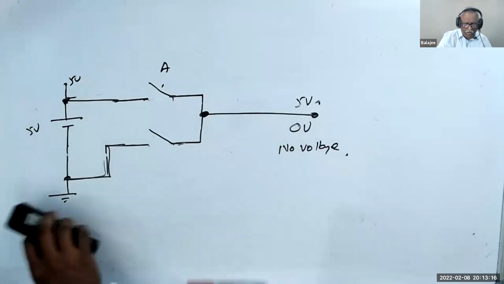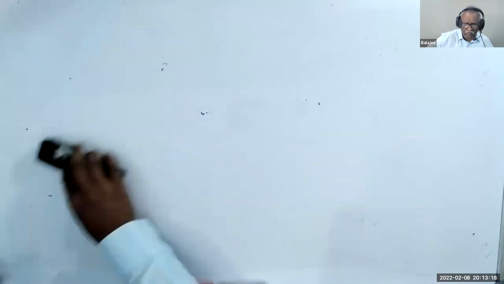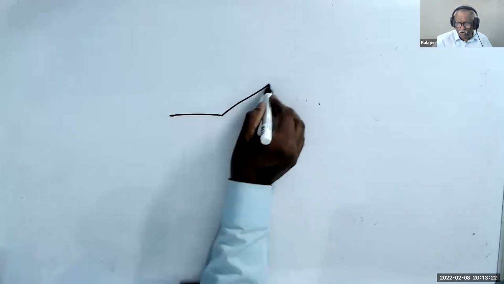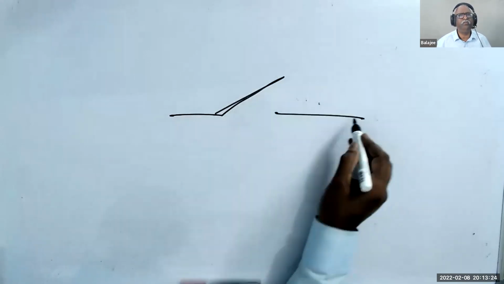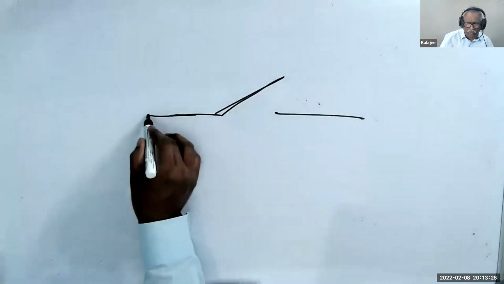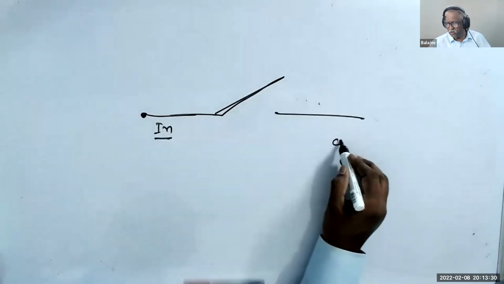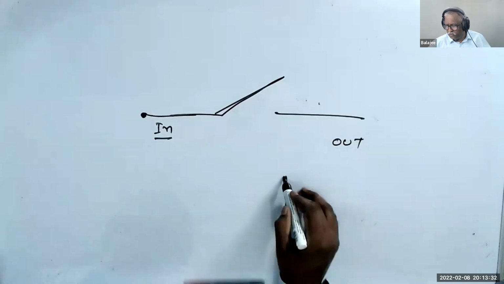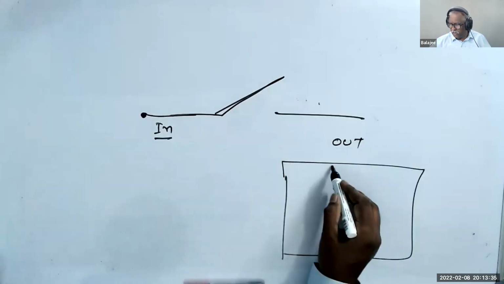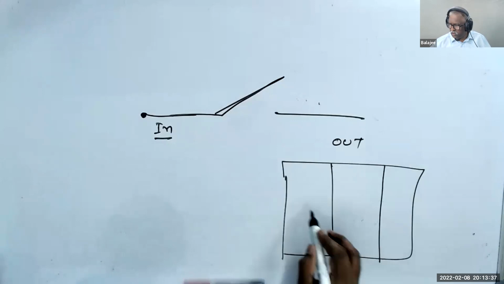Now I will draw it one more way. Everything is only a switch. Don't get confused. I have a switch. I have an input, this is the input. This is the output. So I draw a table.